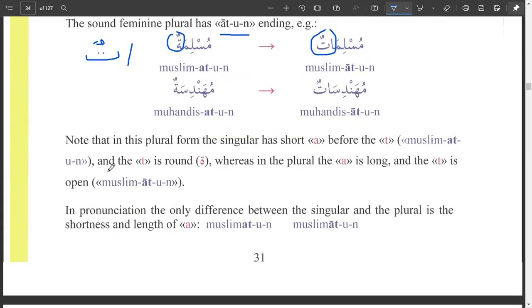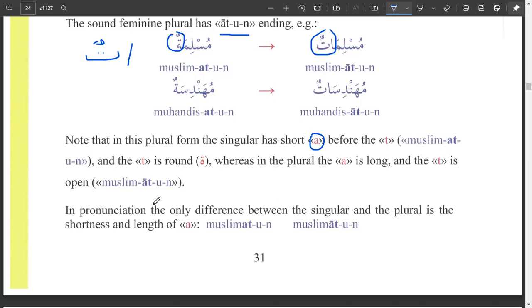Muslimatun, Muhandisatun. Note that in the singular, it has a short a, Muslima. So here we make it short, Muslima, before the ta. We will not make it long.